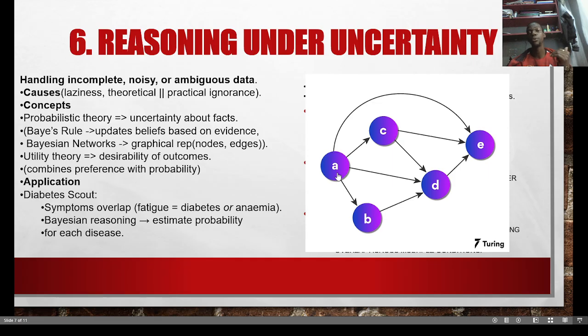It is a graphical representation, and we use it to handle reasoning under uncertainty wherever we are not certain about the outcomes. And of course, combined, we can get what we call utility theory. Here we are combining the probability of things happening with logic, and we measure the desirability of the outcomes.